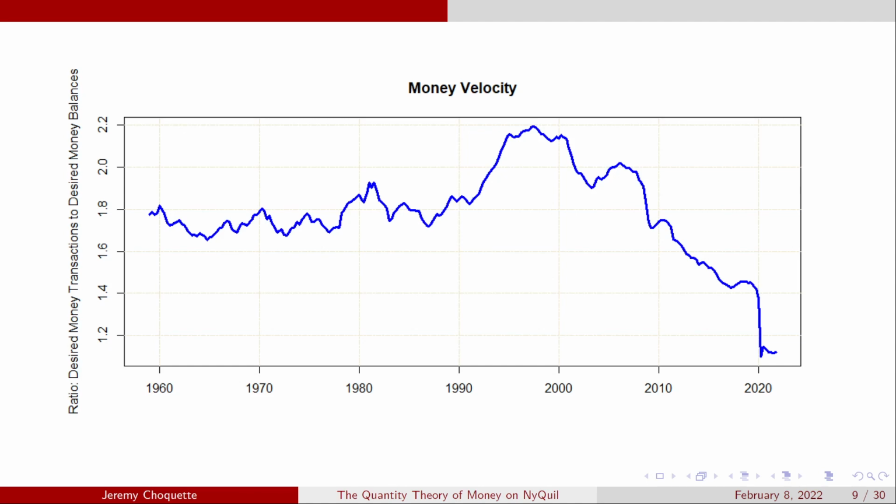Why did it do that? Well, what happened in 2020? Didn't something really important happen then? Oh, yeah. Yeah, it was that coronavirus thing. So, well, what happened? Well, we basically had those giant shutdowns. People were forced to stay home. Depending on what state you were in, you were forced to stay home for longer than some other states.